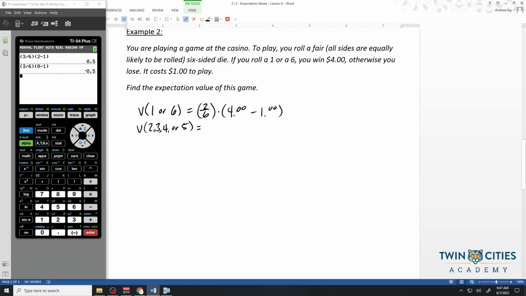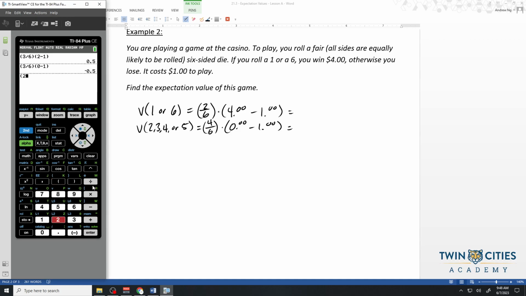So 1, 2, 3, 4 of these sides out of 6, I lose. And when that happens, outcome minus cost, I get $0, but it costs me $1 to play. Now, these are all the events that could occur. So let's find the values of each of these events and add them together.